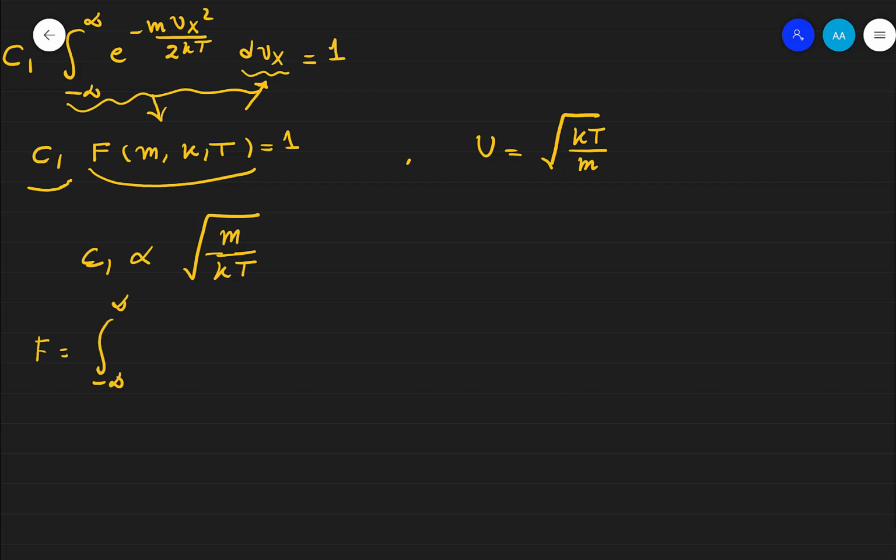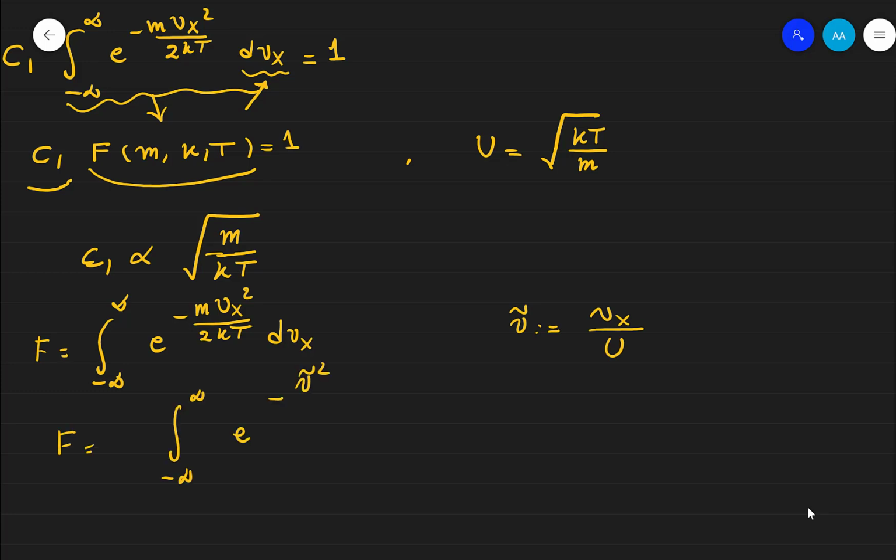We can non-dimensionalize this integral by defining v tilde. This is a dimensionless constant, so f is proportional to u, which is equal to kT over m.